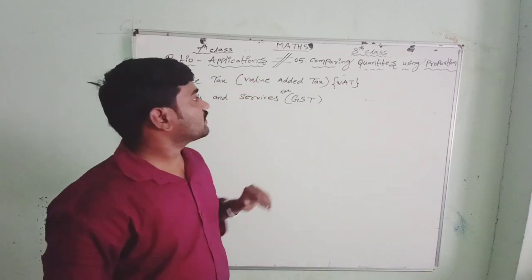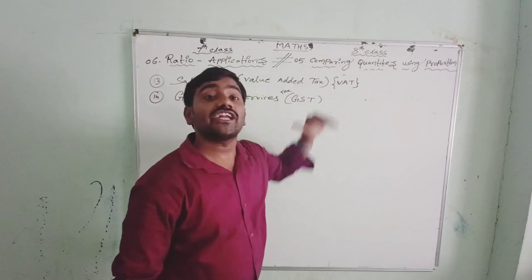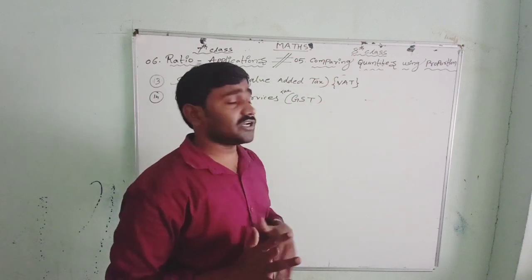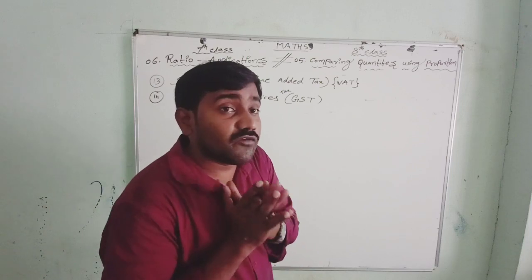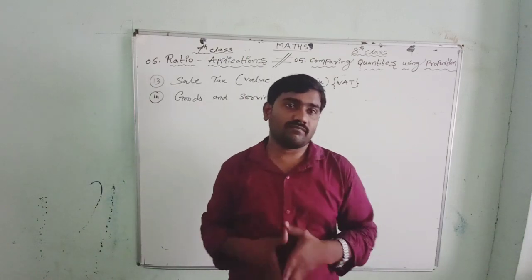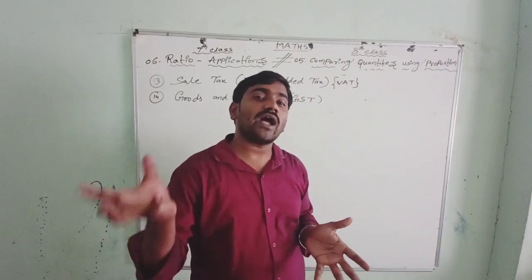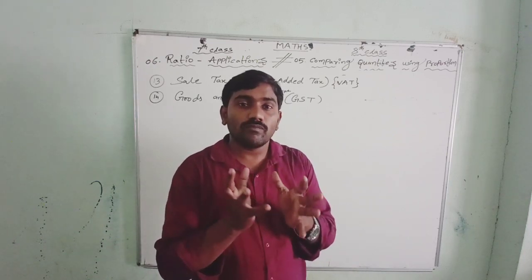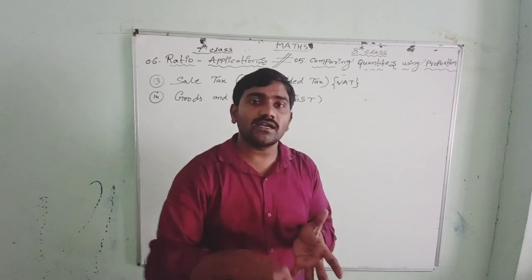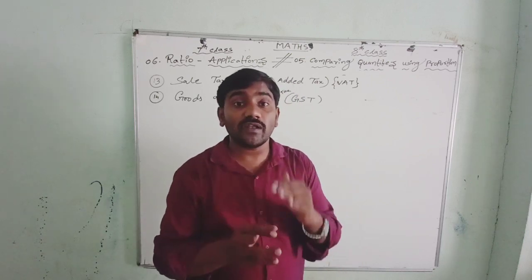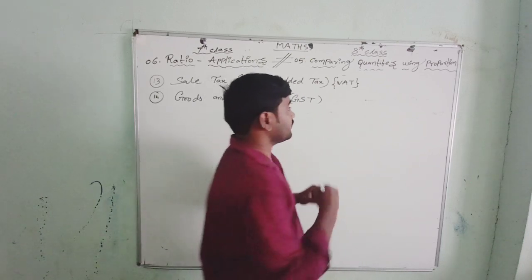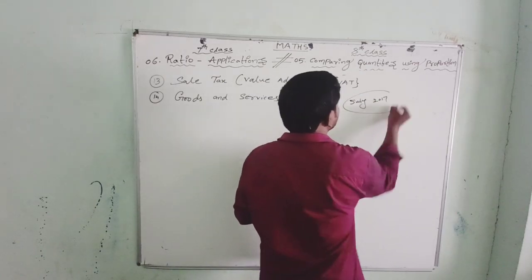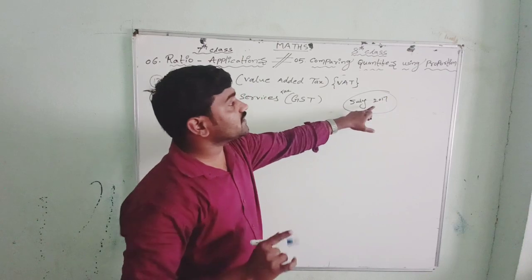What is this VAT? VAT is given by the state governments only. Now VAT is given by the state government. Before July 2017, the central government also put VAT. VAT was allotted on every article by both state and central government before July 2017.